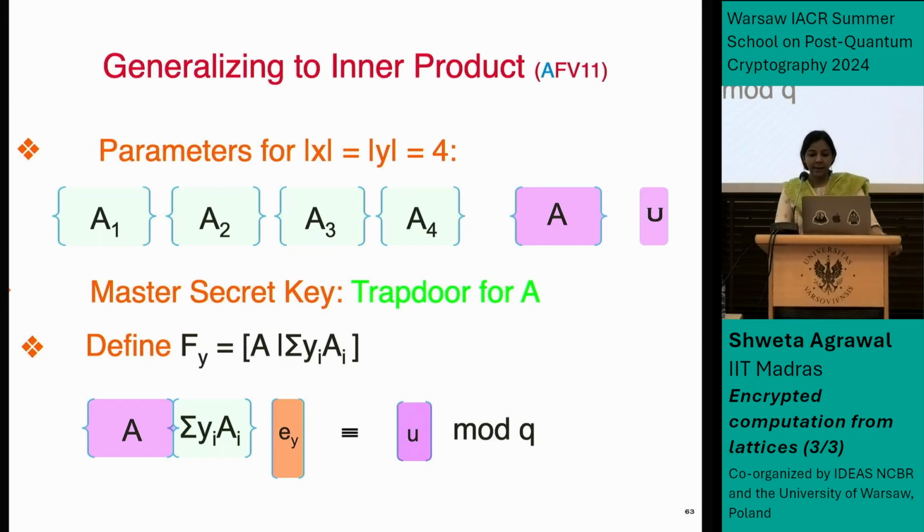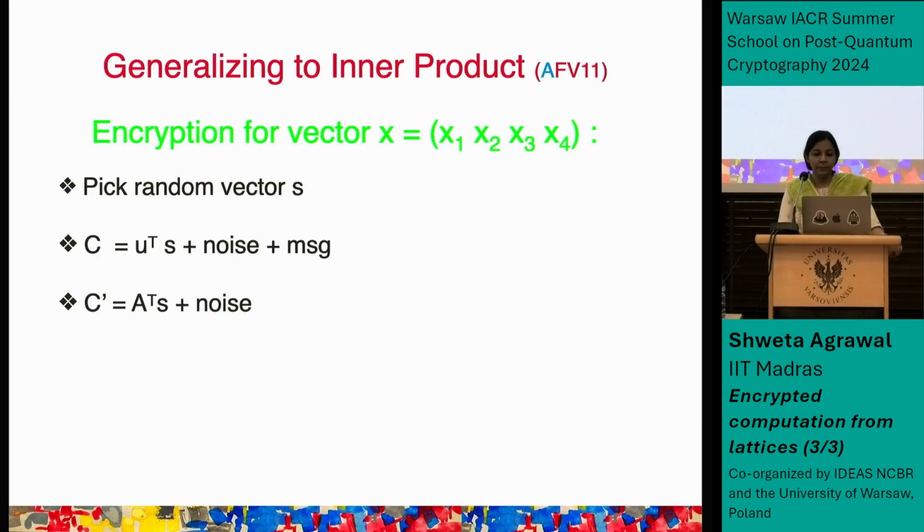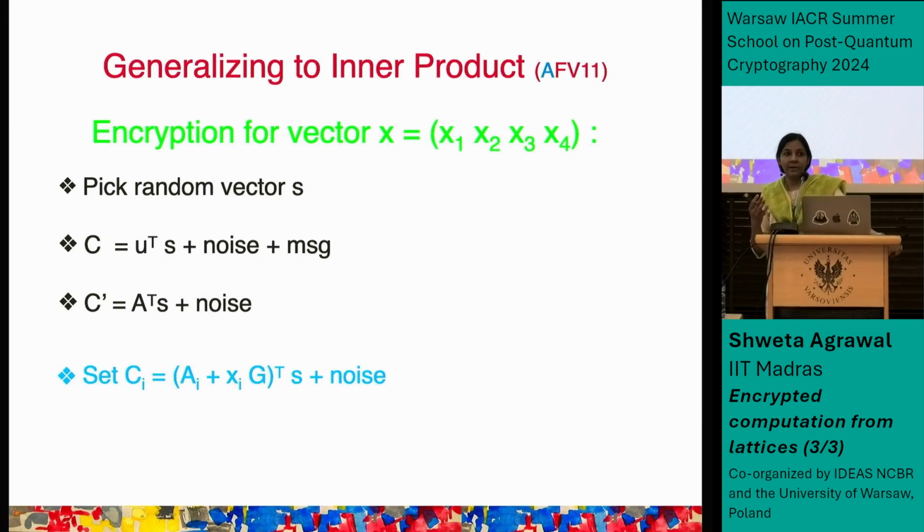Is it clear? And now, in order to encrypt, I give you this. And what I was asking you is how to decrypt. Any thoughts? If this is my ciphertext and I'm given y and e sub y, then how can I go about decrypting?